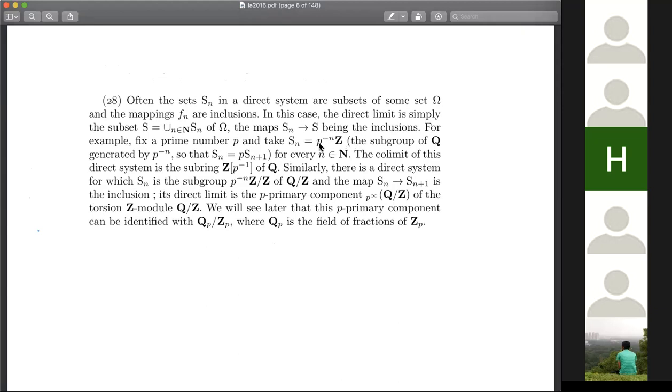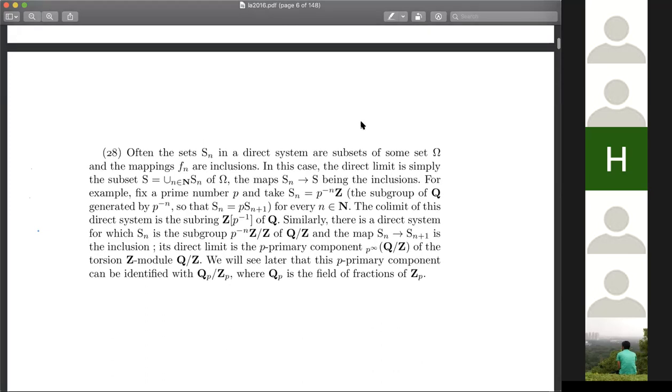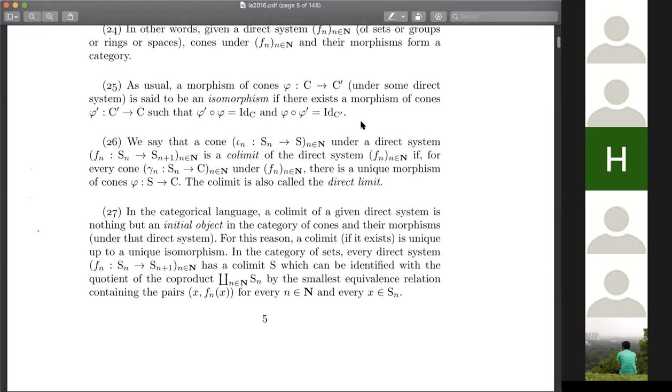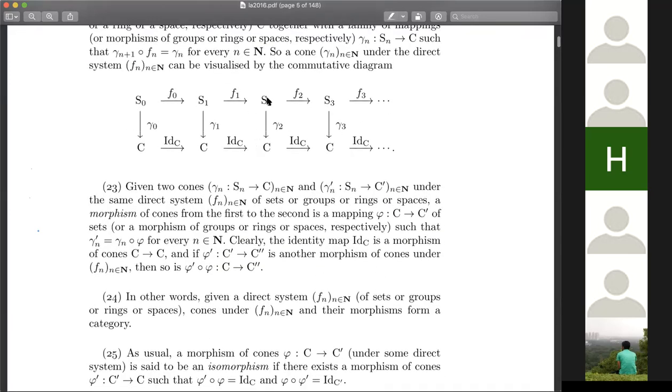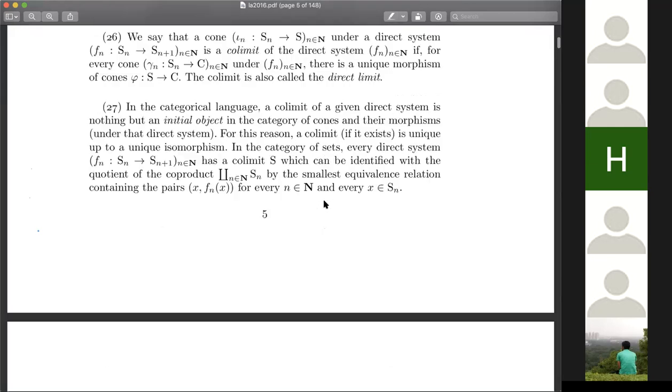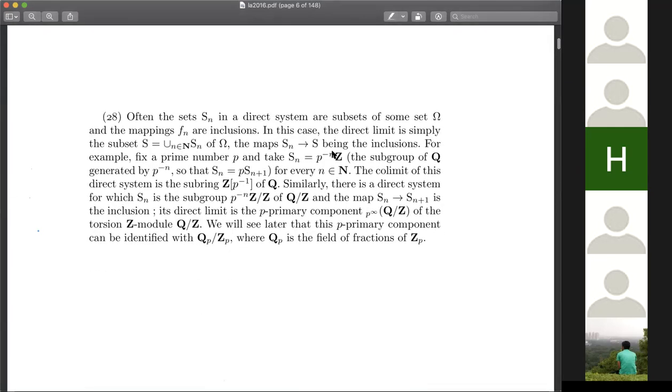So integral multiples of p to the minus n, that's our Sn. And what is the morphism from Sn to Sn plus 1? Well, multiples of p to the minus n are contained in multiples of p to the minus n plus 1.